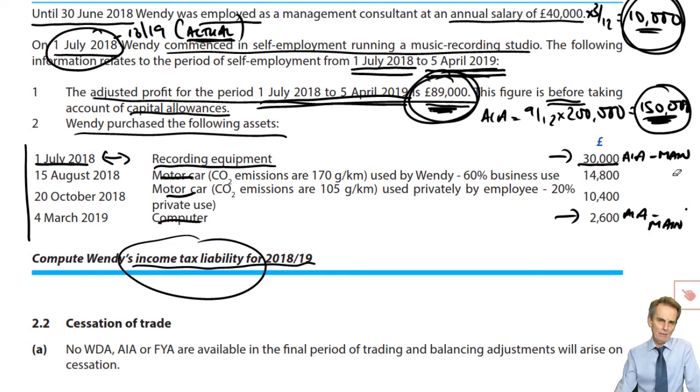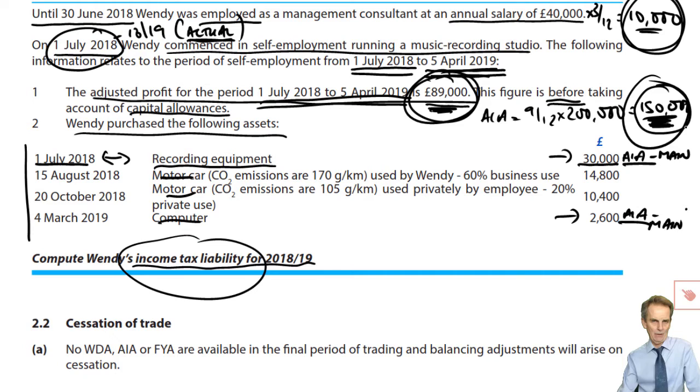Will writing down allowance be available? Well, not in relation to this expenditure, it won't, because we get 100% allowance because it's well within the 150. Had we been talking here about £200,000 of expenditure, only 150,000 AIA would be available.